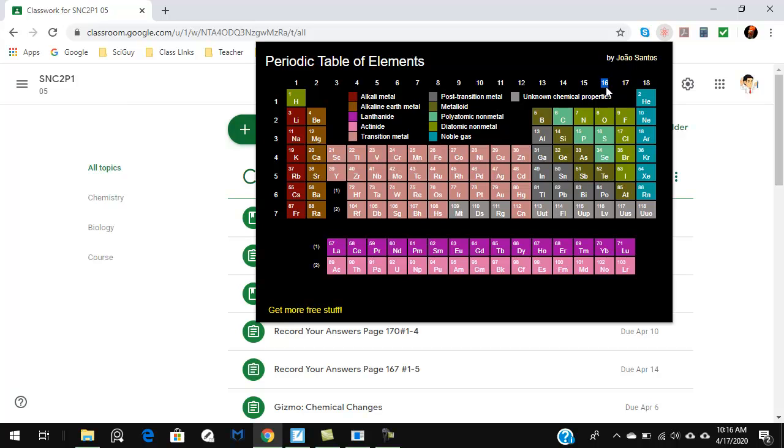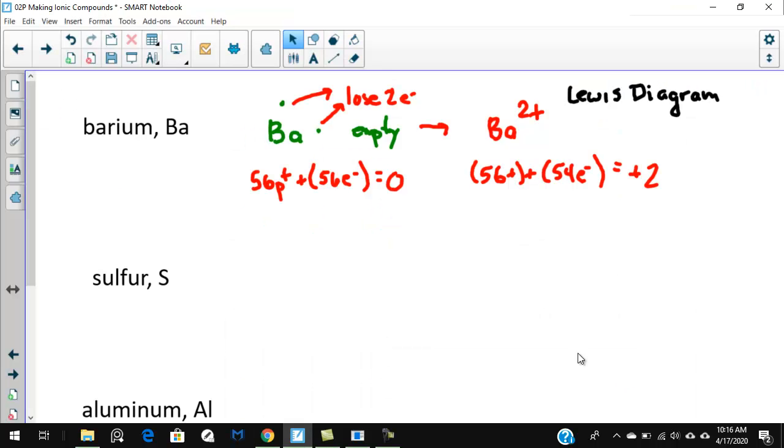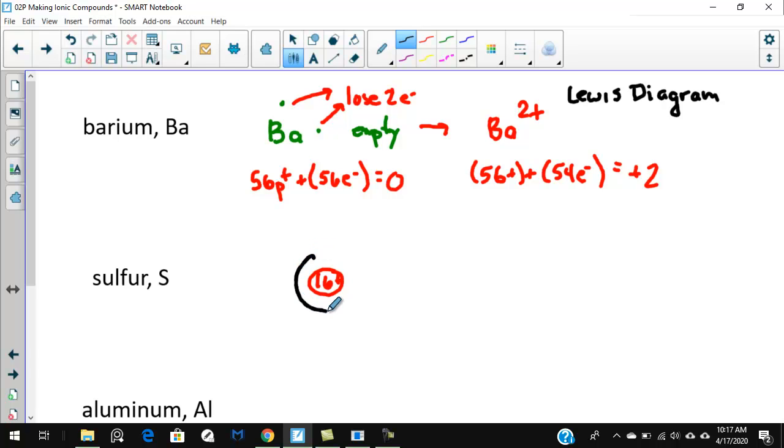And so I could draw a Lewis diagram for this as well, but I'm going to draw the Bohr diagram first. So if we take a look at sulfur, it would be 16 positives in the center to make a nucleus. And then we're going to have circles going around that. There's going to need to be 3 of them.